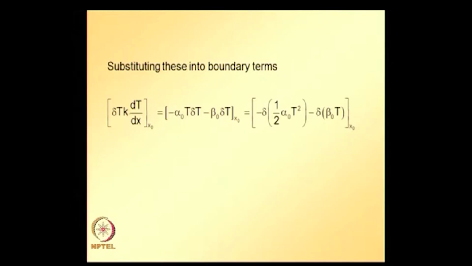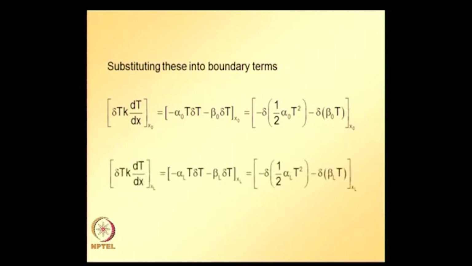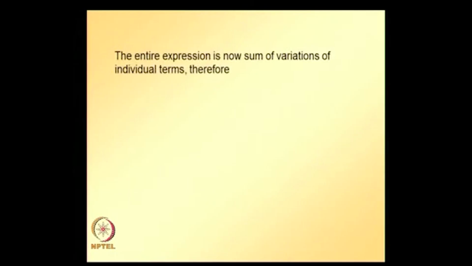And we have the other boundary term, which can also be written in a similar manner, and also which can be rewritten using variational identities. So now substituting all this back into the equation, we can pull variational operator out. So the entire expression now is sum of variation of individual terms.